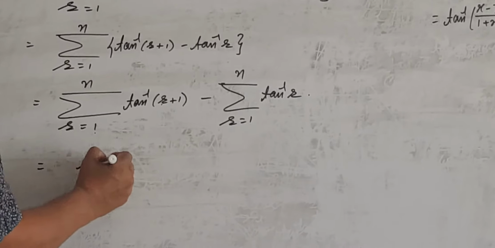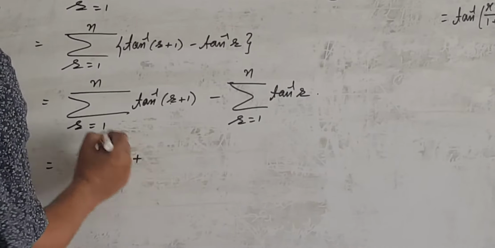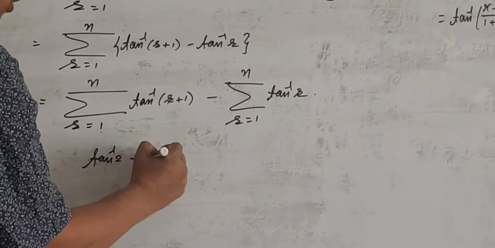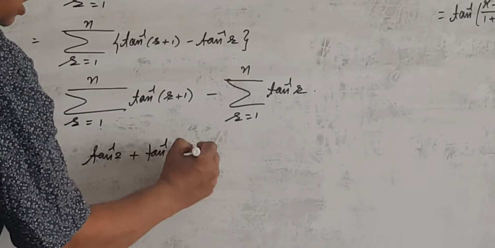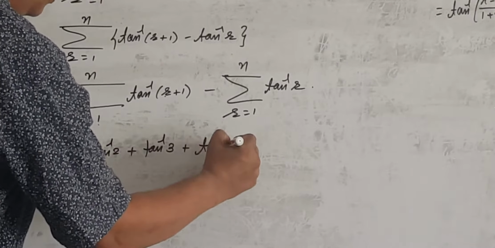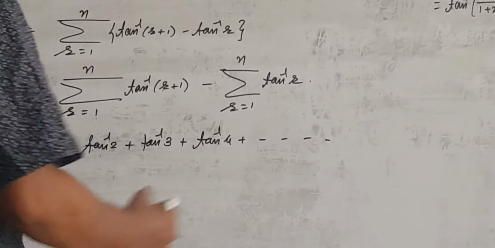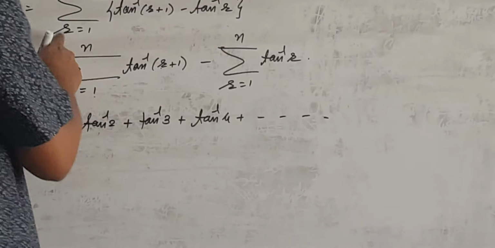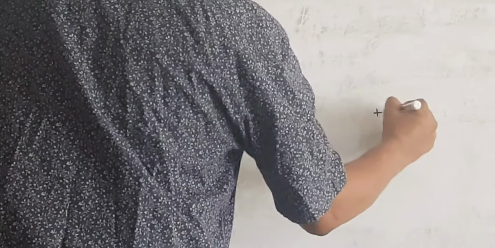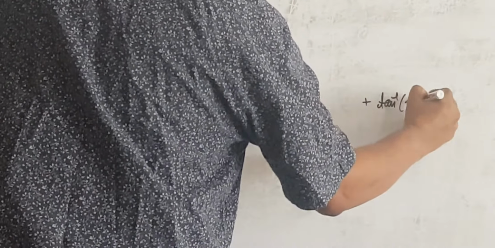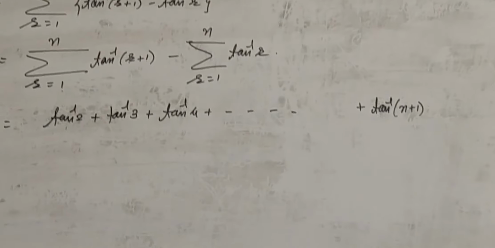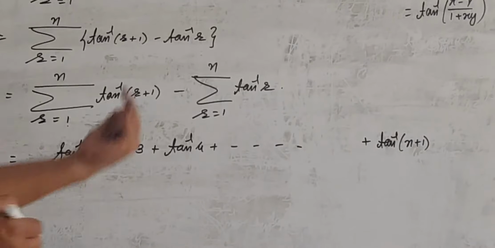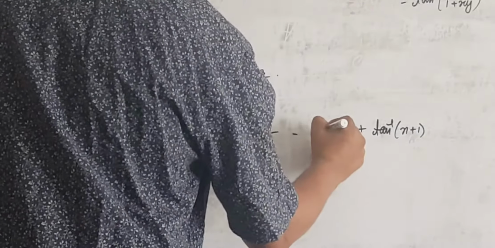So tan inverse 2 plus tan inverse, if I take 2, then 2 plus 1, 3. Like this, tan inverse up to so on. The last value we keep as n. So the last term becomes tan inverse (n plus 1), r plus 1 is n plus 1. What should be the second last term?